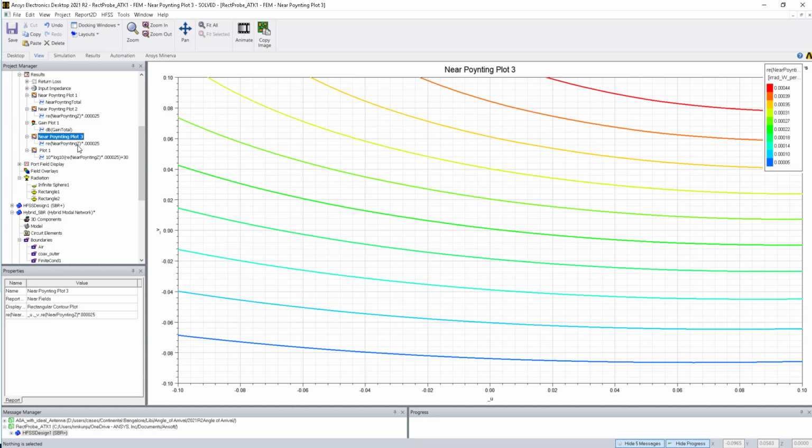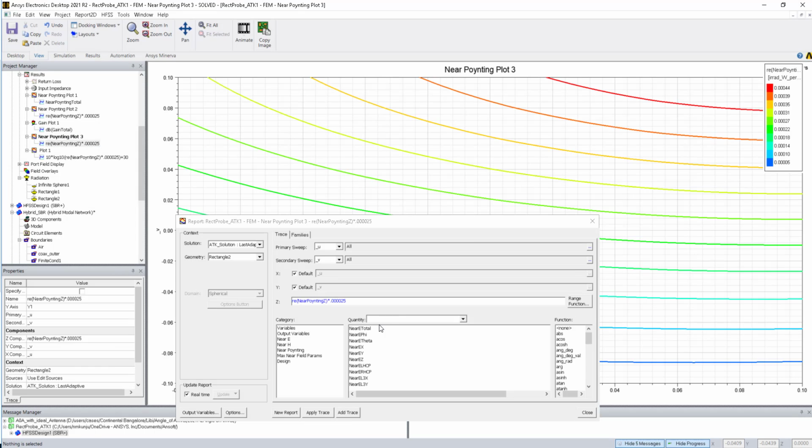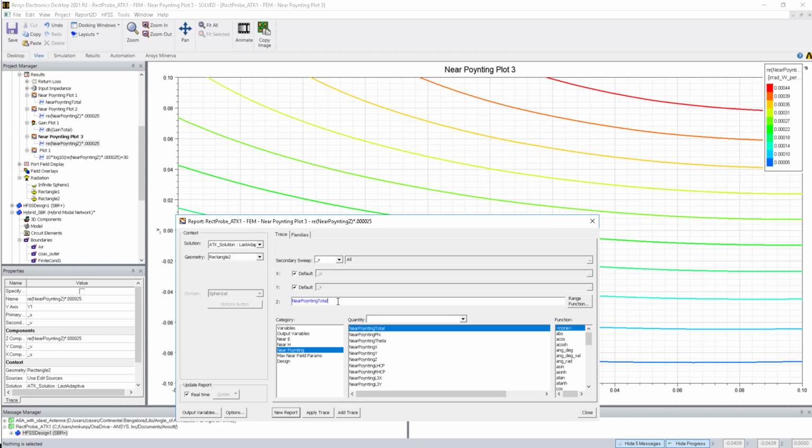Instead of the Z coordinate, if you are not sure which direction the pointing vector is coming, it is better to change the value to the pointing vector, total. Multiply that with 0.0025, the same grid point we are using for the other coordinate system also.